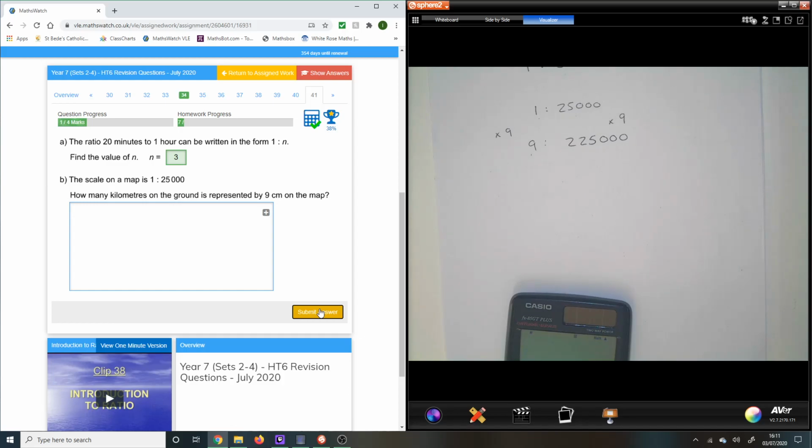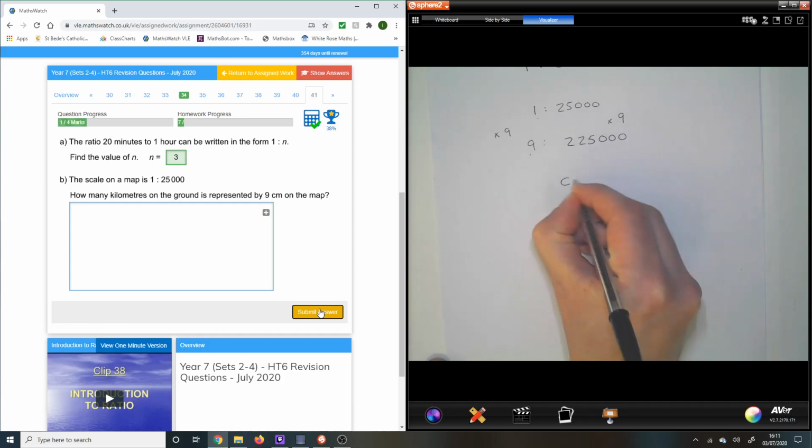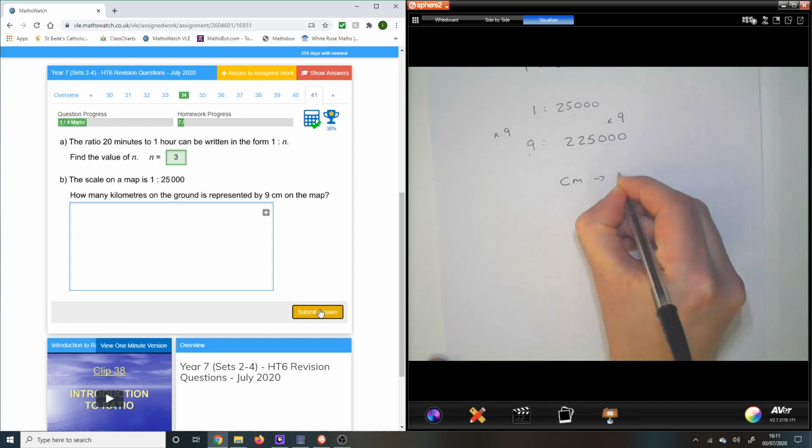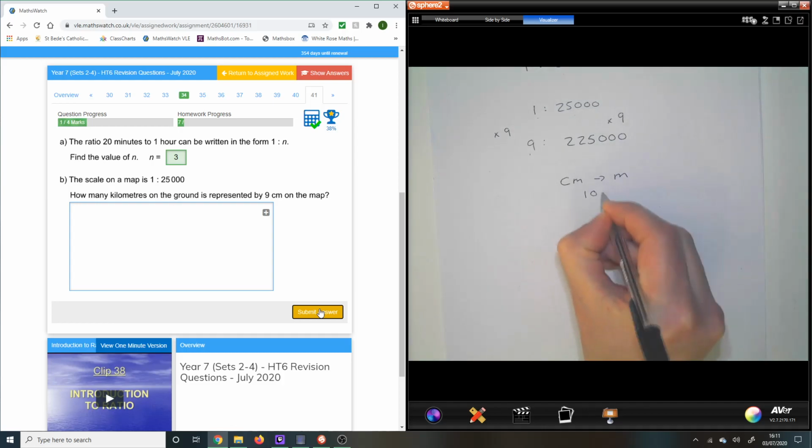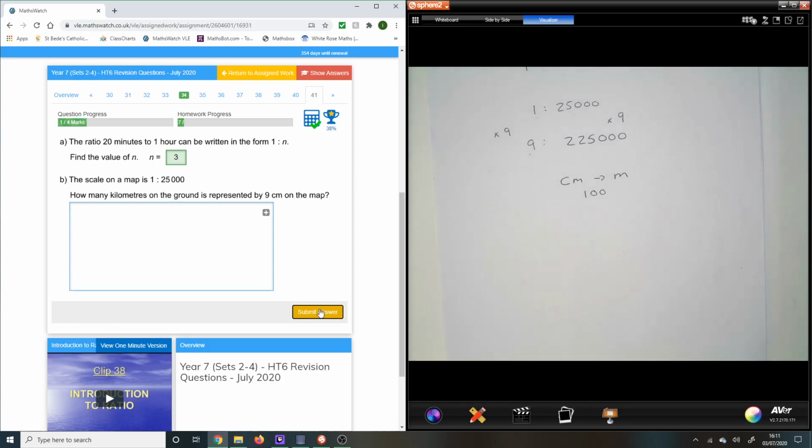And the question asks us how many kilometers is that. So we need to work out centimeters to kilometers. So let's do centimeters to meters. Well, there's 100 centimeters in 1 meter.